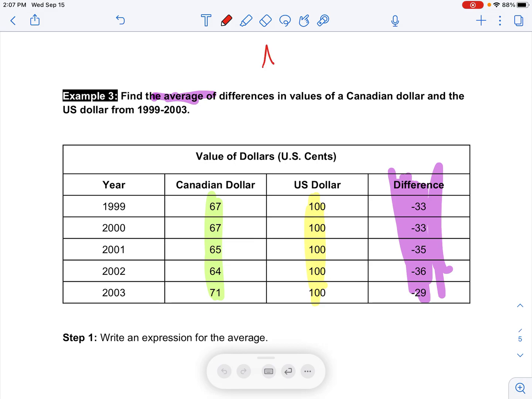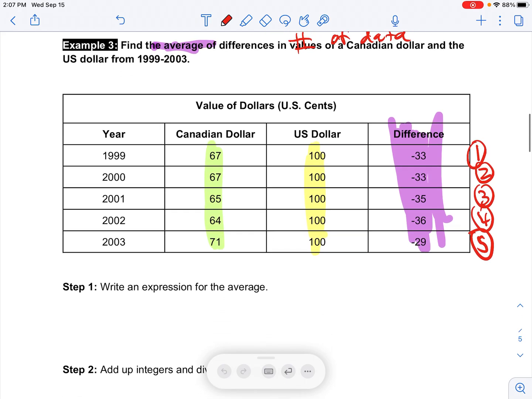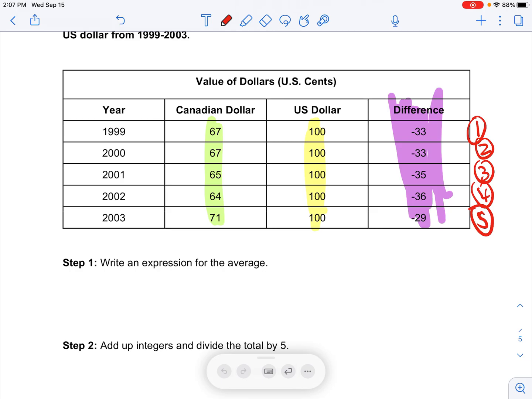The general rule is you add them all up and then divide by the number of data points or number of pieces. So if we look, we've got year 1999, that's 1, 2000, 2001, 2002, and 2003. So we're going to have 5 total data points.